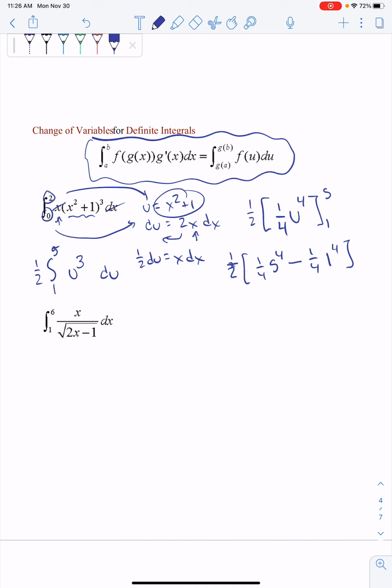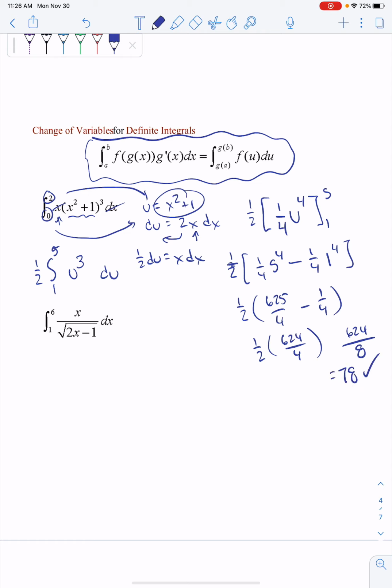We might as well finish this out. So 1/2 times, 5 to the 4th is 625 over 4, minus 1 to the 4th is just 1, so that's minus 1/4. So that becomes 1/2 times 624 fourths, which becomes 624 eighths, which you plug in your calculator and you get 78.